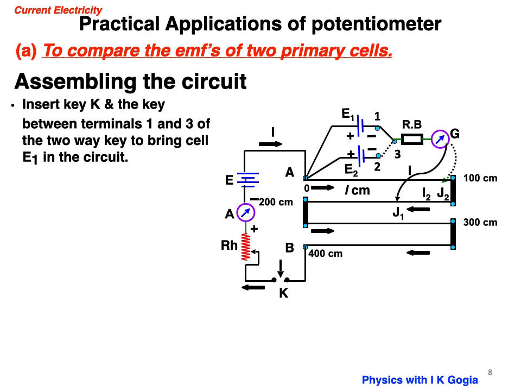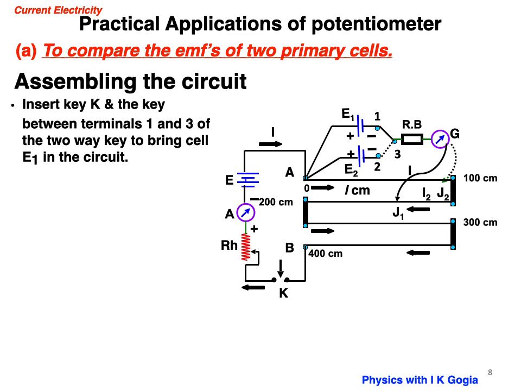Now as you can see, when we think of this galvanometer, the battery E tends to send the current towards right through the galvanometer, and the cell tends to send the current towards left.